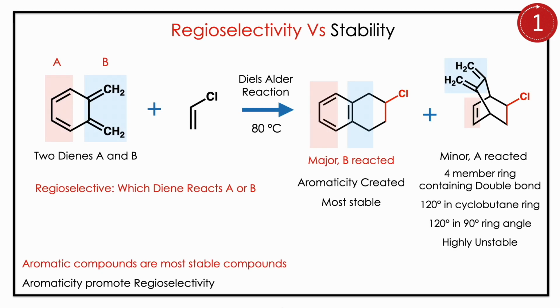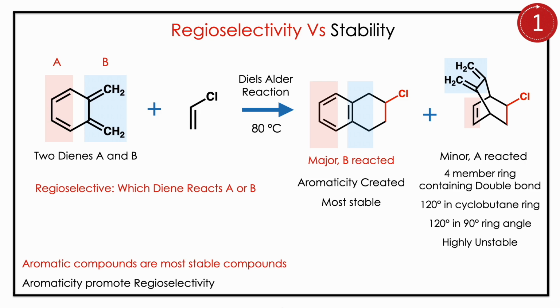Then regioselectivity and stability. Here you have a starting material with a diene which contains two dienes, A and B, and one dienophile. You are doing a Diels-Alder reaction, which is a 4 plus 2 cycloaddition. If the A diene reacts, you get a benzene ring. If the B diene reacts, you get a strained bicyclic compound which is highly unstable because of bond angle.